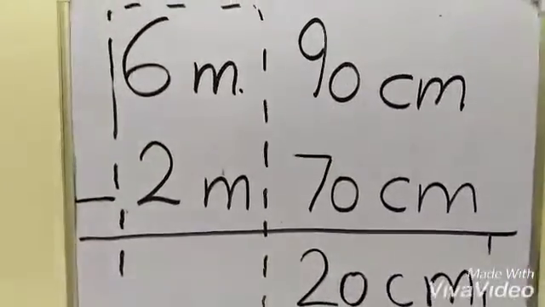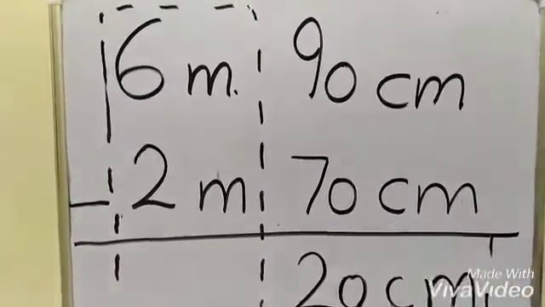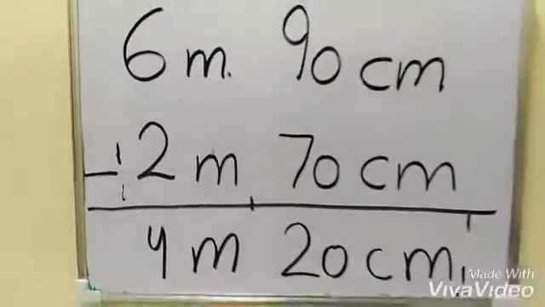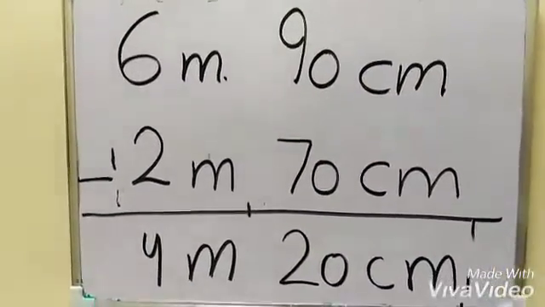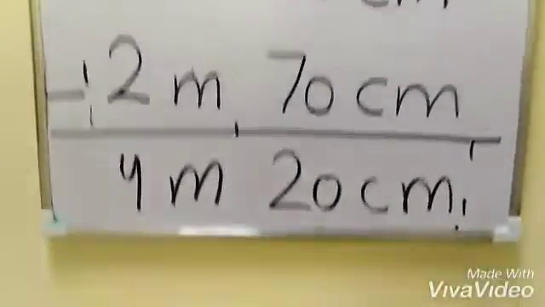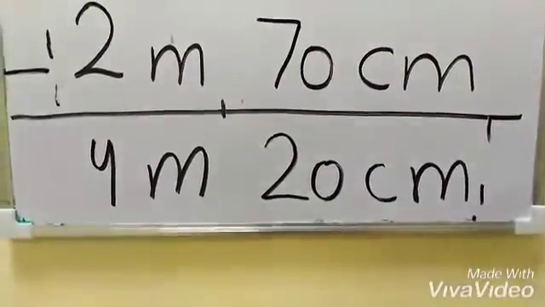In step number 2, we will do minus for the meters. So 6 meters minus 2 meters equals 4 meters. So he still has 4 meters and 20 centimeters of cloth. So 4 meters and 20 centimeters of cloth was left with him.